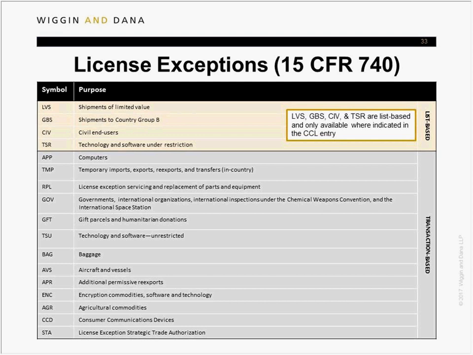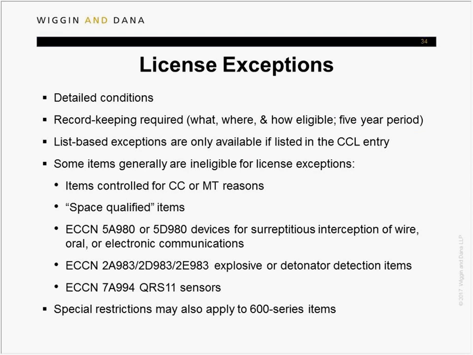So for these ones, LVS, GBS, CIV, and TSR, they have to be written on the page under the ECCN in order for you to use them. And sometimes, as we saw earlier, they say NA. If it says NA, then you can't use them. There's no point in even reading the conditions. If it says that they are applicable, then you have to go and look up the conditions for using them. And that's true for all of the others as well.